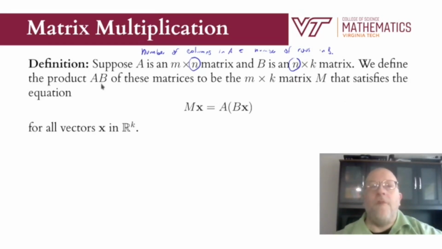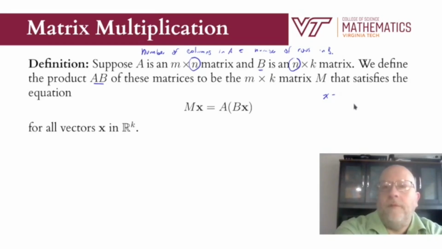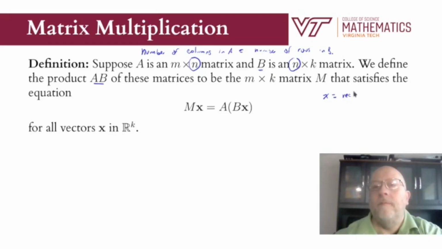And we're going to define the product AB of these matrices to be the matrix that makes this equation work out, but I want to explain where this equation comes from. B is a matrix, which means that if I have a vector of weights, then this is a linear combination.